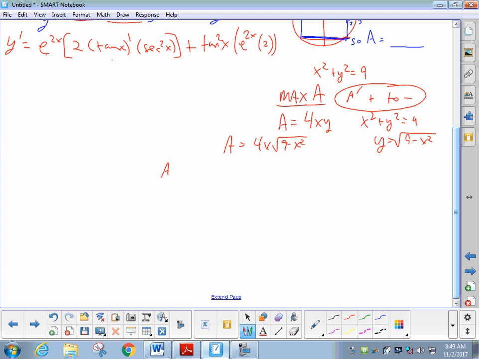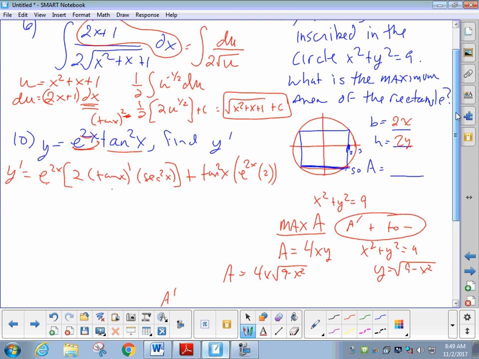Here goes some ugly calculus. Is it a dA/dt? No, there's no time component to this. It's not changing with time. As I choose, again, just shooting for total understanding, as I choose different x's, I get different areas. So I'm looking at how the area changes as I change x.